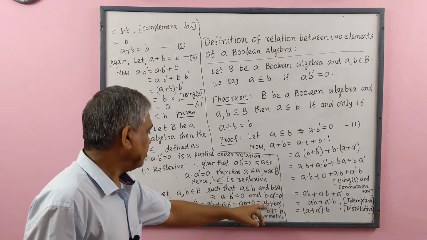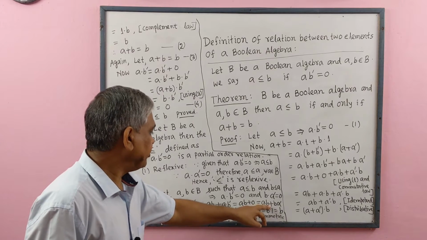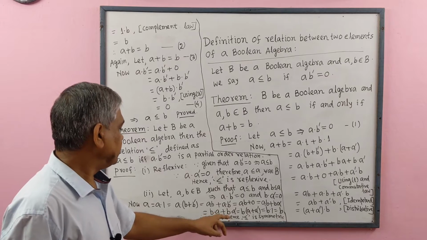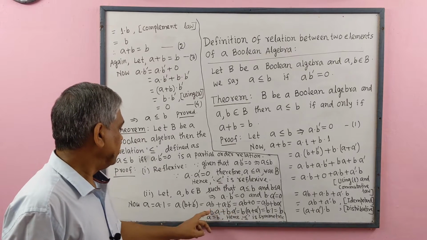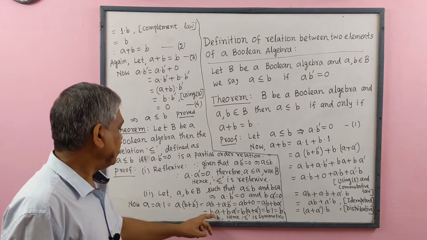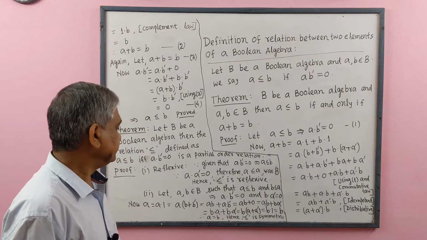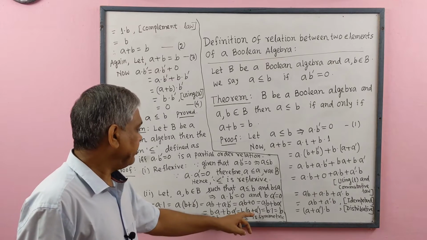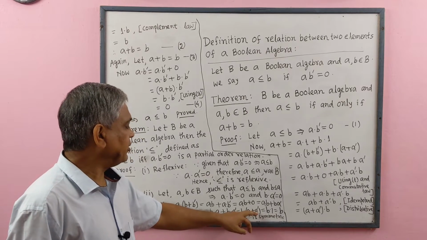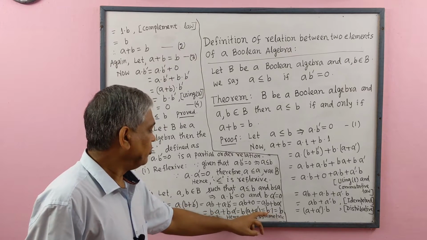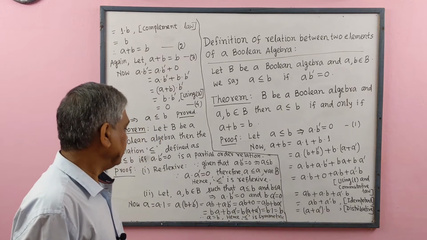We may write by commutative law a dot b equals b dot a. Here we see that b dot. So by distributive law we may write b dot, a plus a prime. Since by complement law a plus a prime equals 1, so we write b dot 1. b dot 1 equals b.